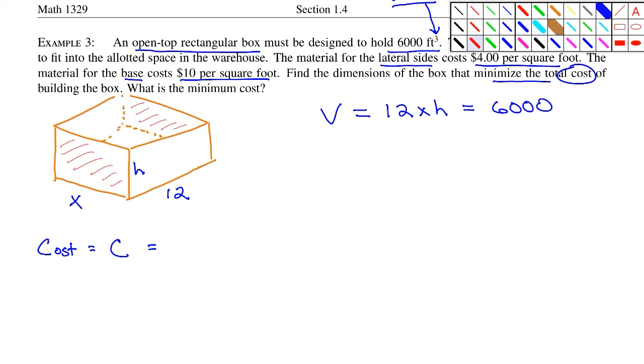So the area of this lateral side is X times H, because it's a rectangle with length X and width H. There are 2 of them. I'm going to multiply that by 2. And the cost for that lateral side is $4 per square foot. So this is the total area of those types of lateral sides, and that is the cost per area, right? Cost per square foot.